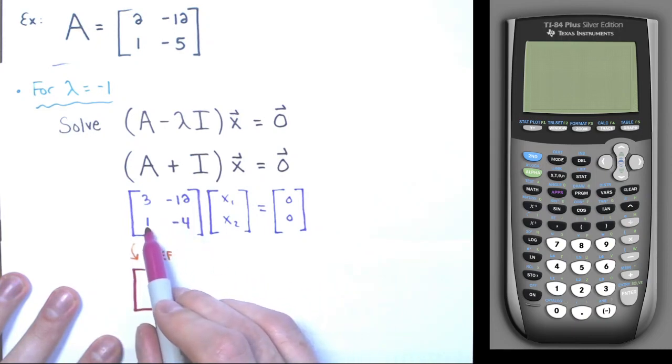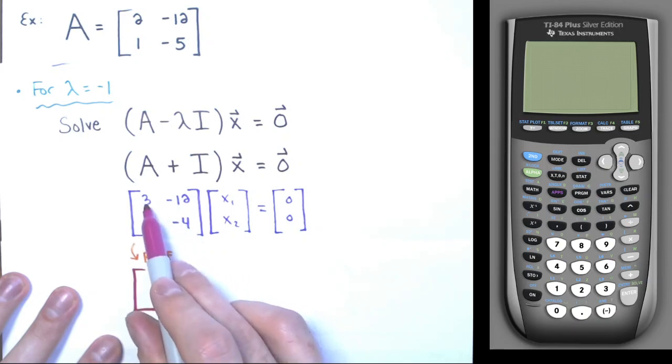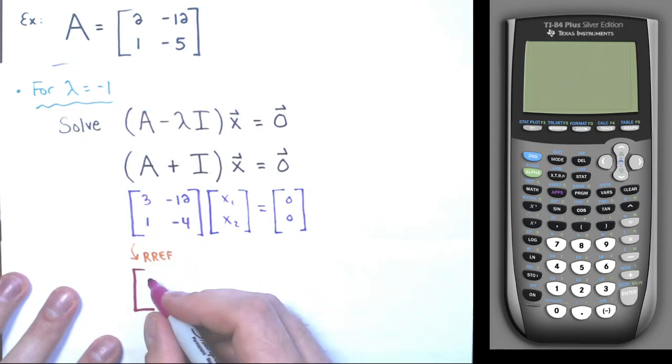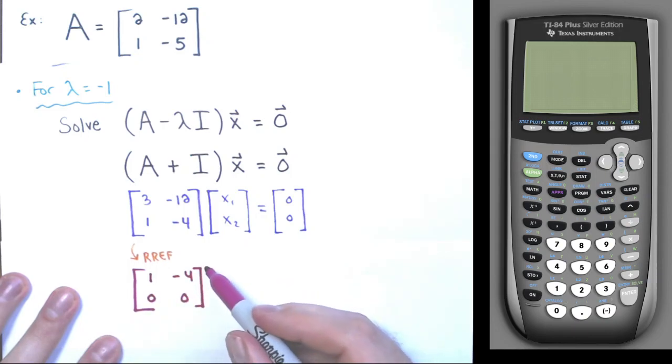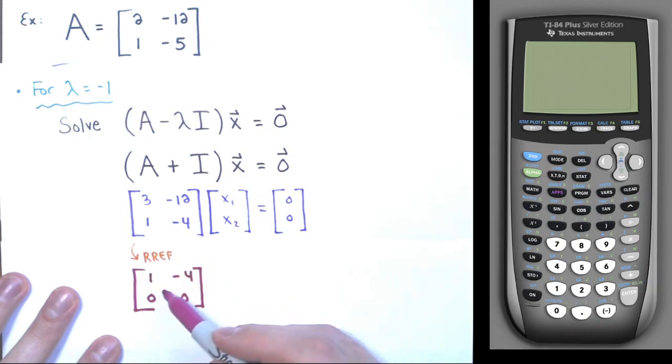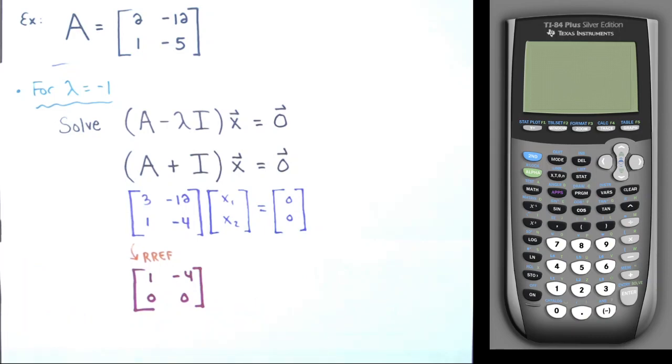If I take negative 3 times row 2 and add it to row 1, that makes row 1 all zeros, and then I switch rows and we get 1, negative 4, 0, 0. Imagine these are the coefficients of x1 and x2, equal to 0 and 0. The second row tells me 0 equals 0, which is totally fine.